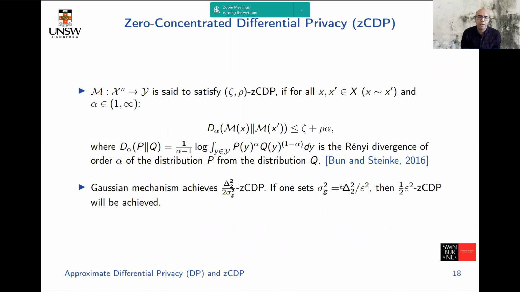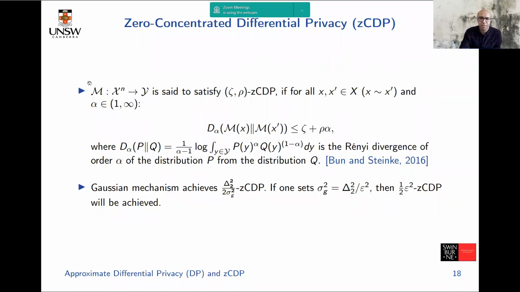Another useful concept in differential privacy is zero concentrated differential privacy, or zCDP, which can give us better control to find the parameter and the performance of the differential privacy. So here is the formal definition of zCDP.